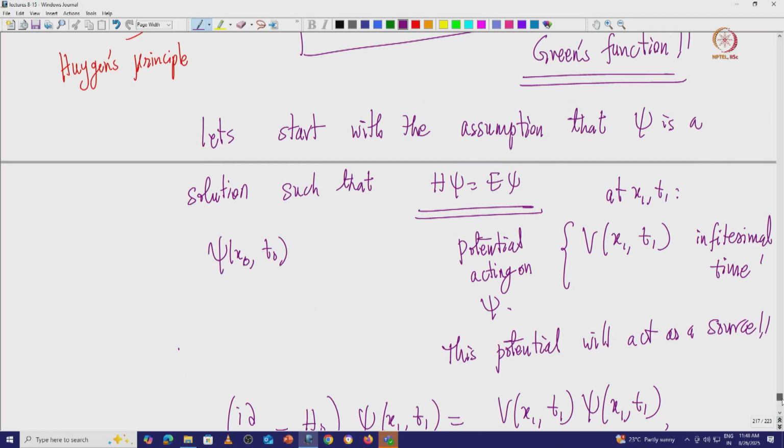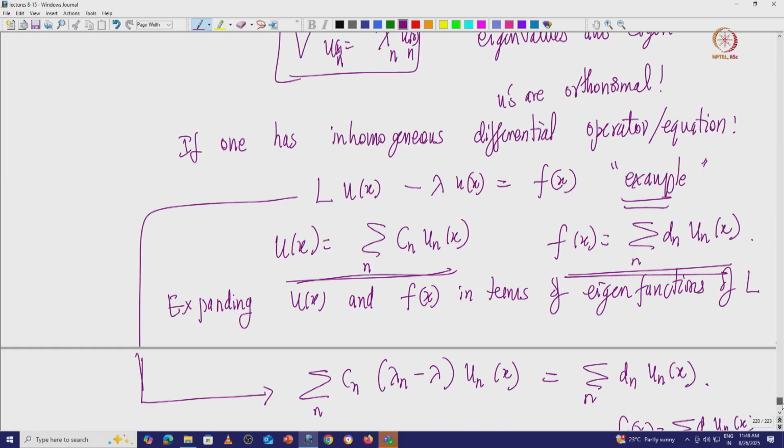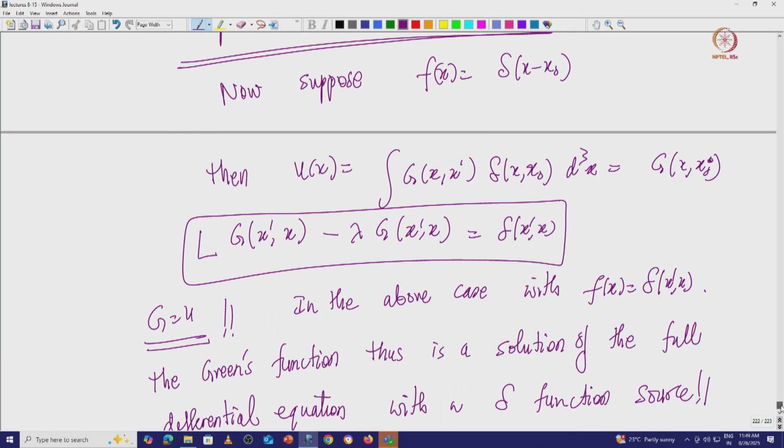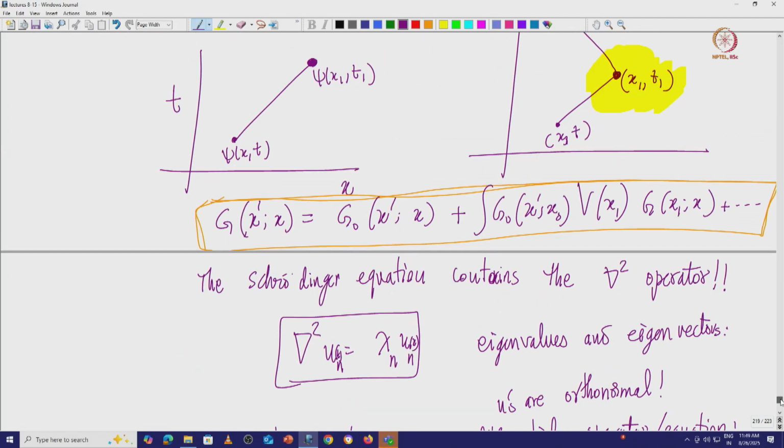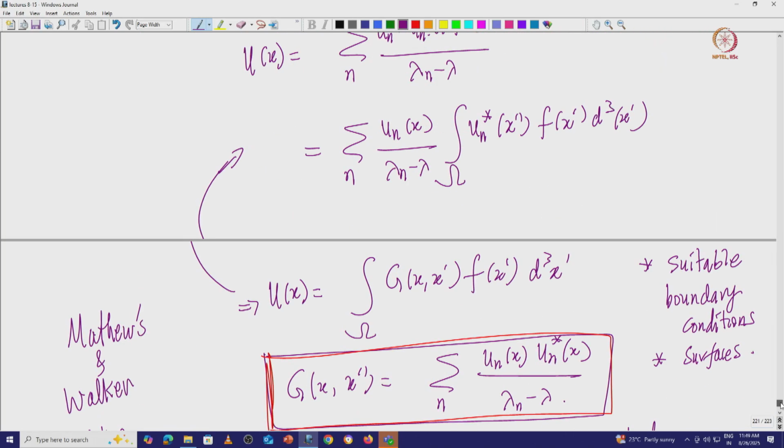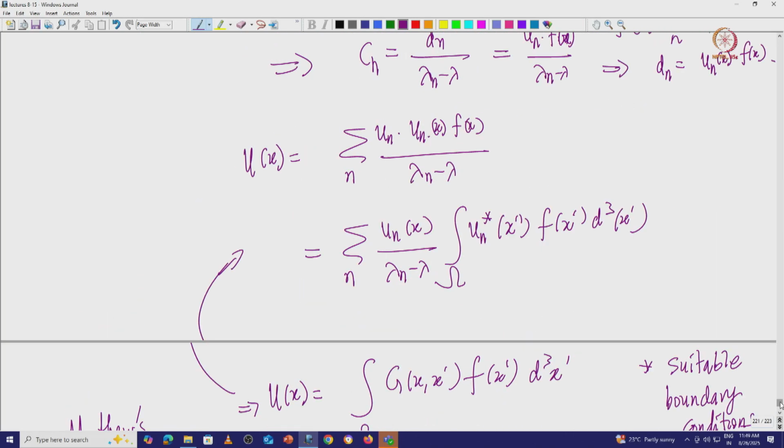The wave function, or the solution of the differential equation, is nothing but the Green's function the moment you put f of x equal to delta of x, because as we have seen, the solution of the equation u of x is f of x times g of x essentially.